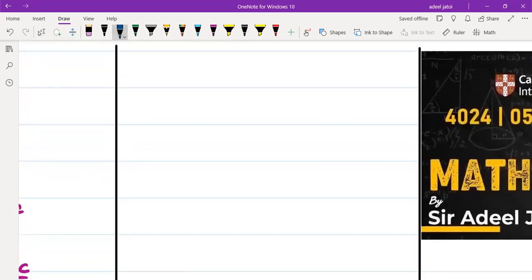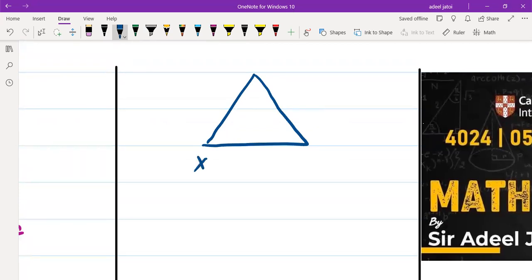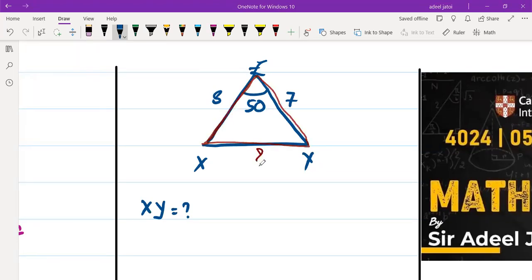Let's say that we have been given a non-right angle triangle. And in this non-right angle triangle, we have X, Y, Z. So this is 50, this is 7 and 8. And we have been told to find XY. So to see that it is a non-right angle triangle, to find XY, we have been given opposite angle and two adjacent sides.